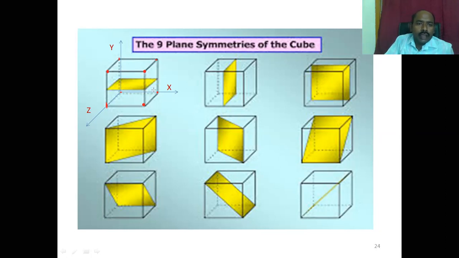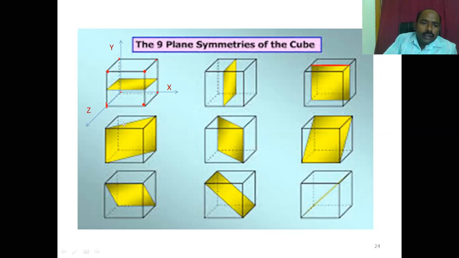Similarly, it is in the xz plane. Another one is the xy plane, and the remaining one is the yz plane. So it is the xz plane, the yz plane, and the xy plane.